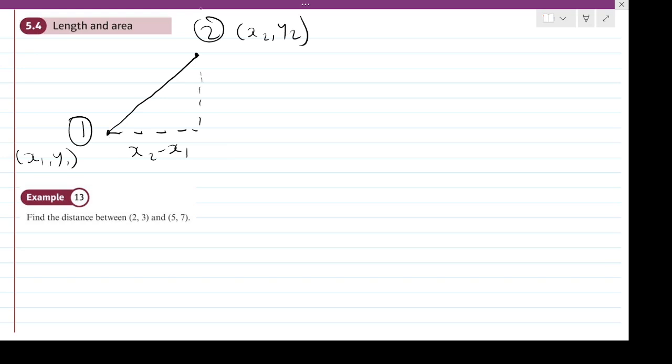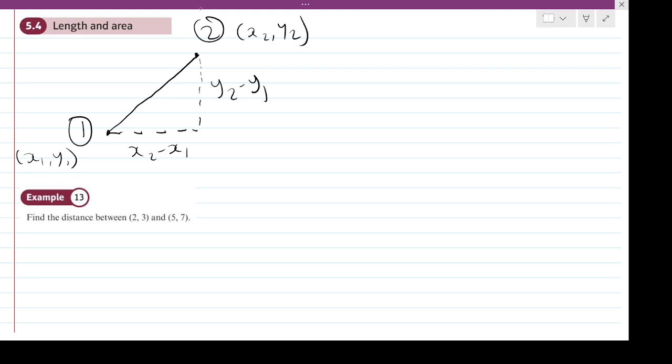Similarly, if we go upwards, the vertical bit, y2 would be up here and y1 would be down there. So again, the change in y is the difference, so it's y2 take away y1.